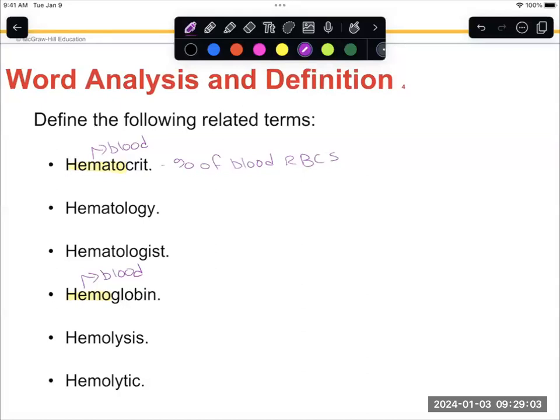Hematology, this is a medical specialty of the blood and its disorders. So someone who specializes in the blood and all of the different disorders of the blood. A hematologist is that specialist in hematology. So this person specializes in that blood, those blood cells.